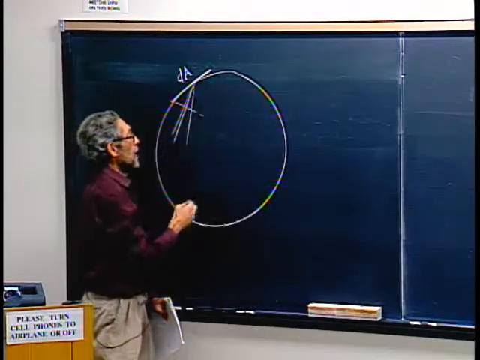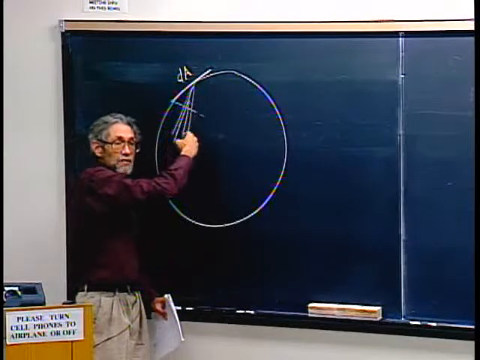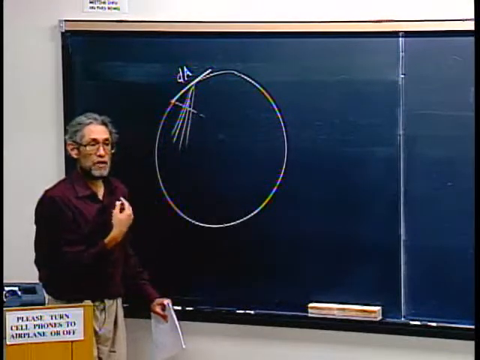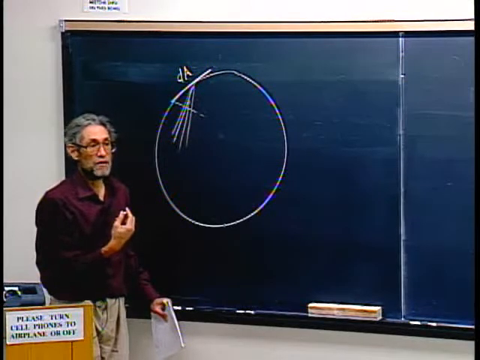This is how I define line radiance: the expected number of lines, like the expected number of photons coming off in a given direction.